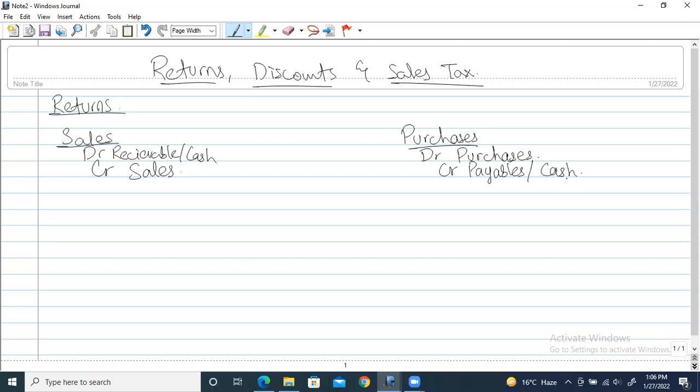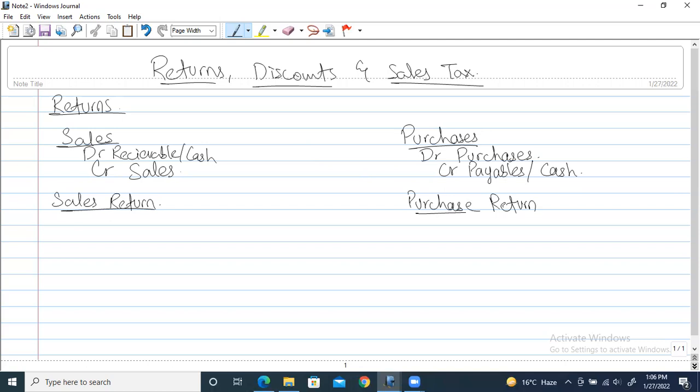Obviously, we are crediting payables because it's a liability, and liability was a group 2 item. That's why liability is increased for credit and decreased for debit, right? And purchase was a group 1 item. So these are the normal entries that we discussed yesterday as well. Now let's talk about the returns. What happens when we return? So sales return, and then we have purchase return.